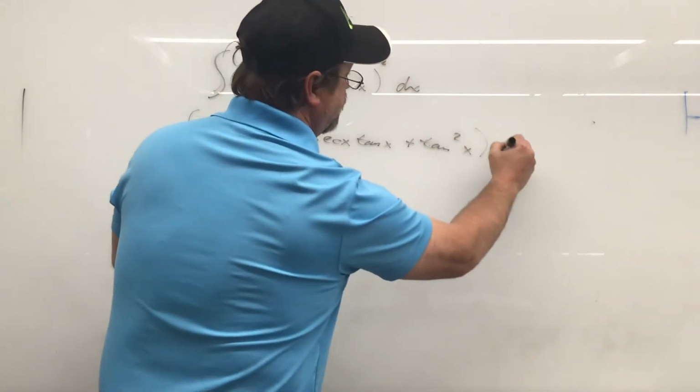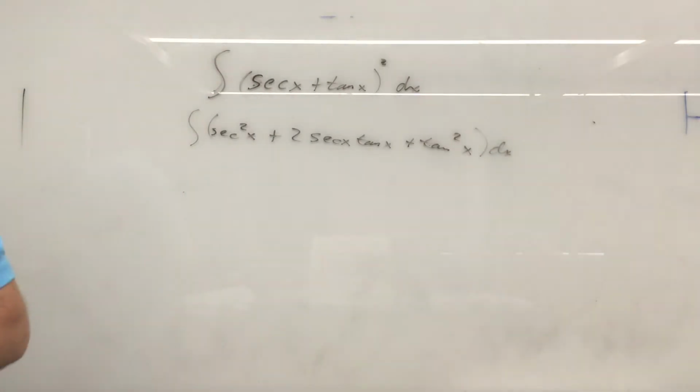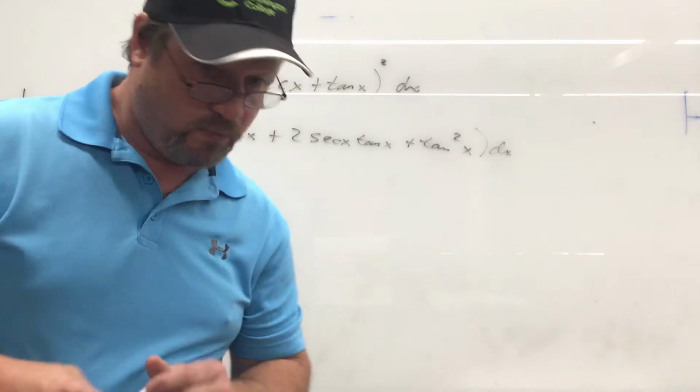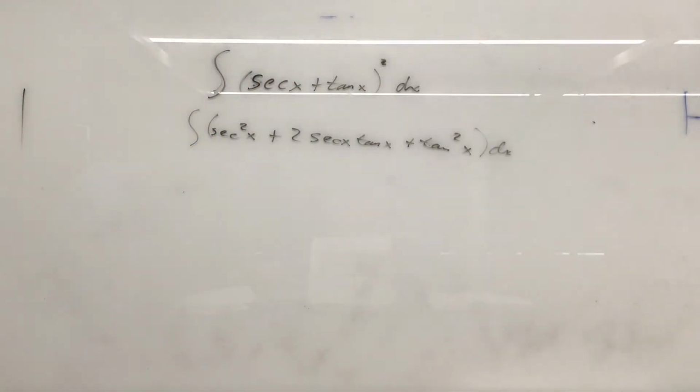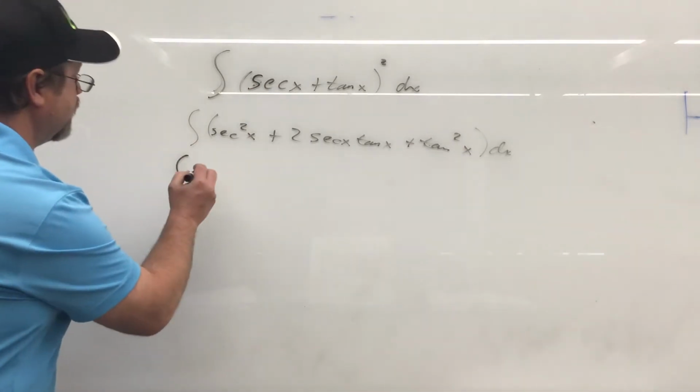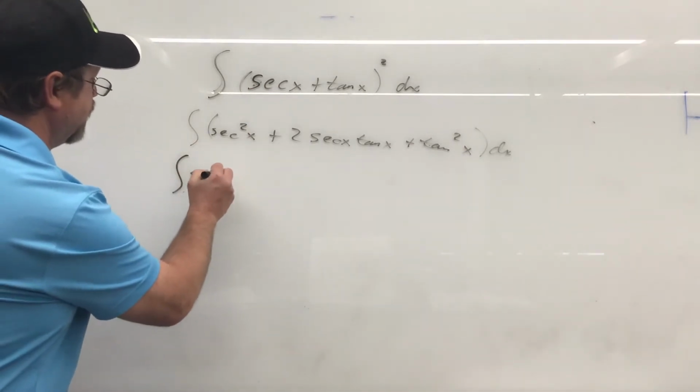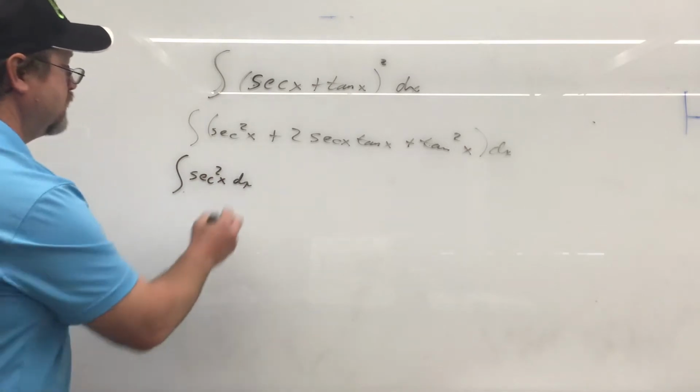And all of that will be integrated with respect to x. However, we also know that we can break this into 3 separate integrals. The first one becomes the integral of secant squared x dx.